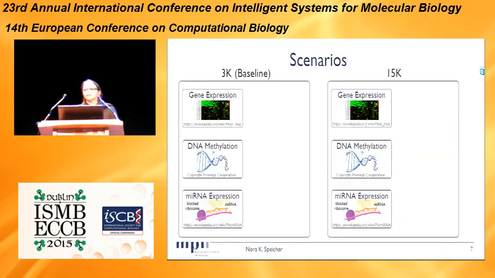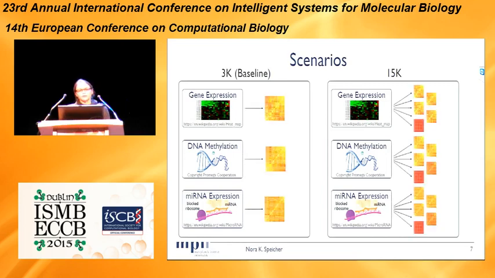From the available data, we generated 2 different scenarios, the 3K, which serves as a baseline, and the 15K scenario. Both are based exactly on the same input data, but for the 3K scenario, we generate 1 kernel matrix per data type.